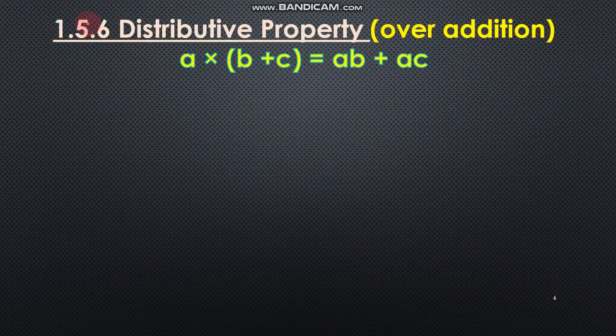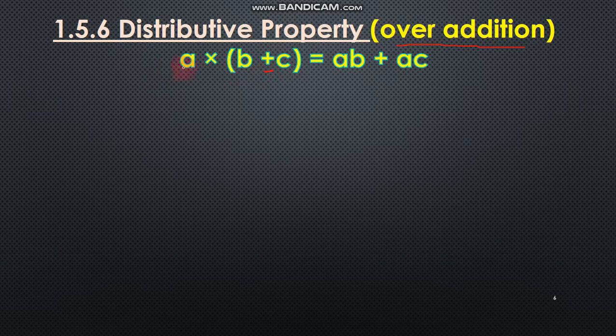Okay, so the next property, an important property, is named the distributive property. For studying this, we have to study it in two cases. The first case is over addition. Now why is it called addition? Because here is the sign of addition.